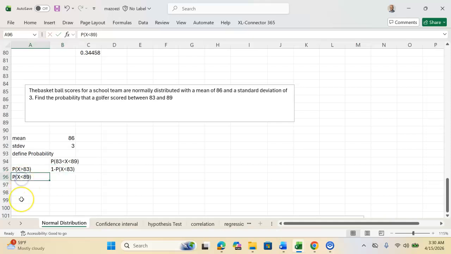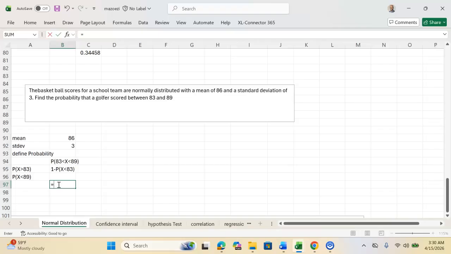But this one will be okay. So in this case, we can apply the Excel function, which is norm.dist, and we'll do the in-between calculations.